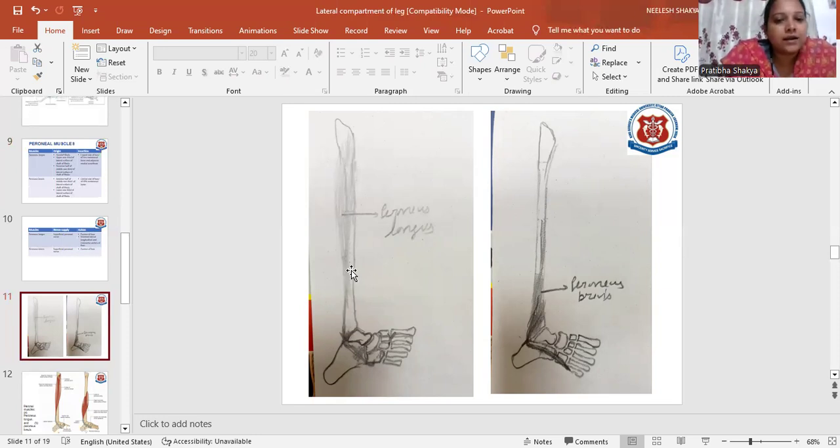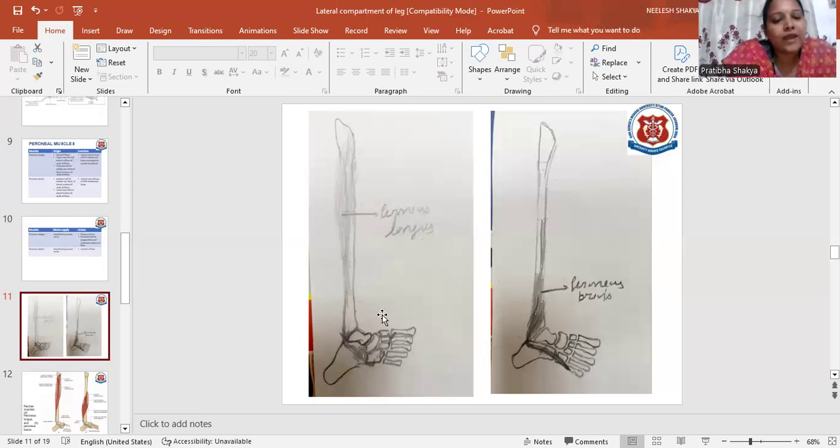This middle part, the shaft, has three surfaces: lateral surface, medial surface and posterior surface. This lateral surface can again be divided into three parts: upper one third, middle one third and lower one third. This middle one third can again be divided into two halves: anterior half and posterior half.